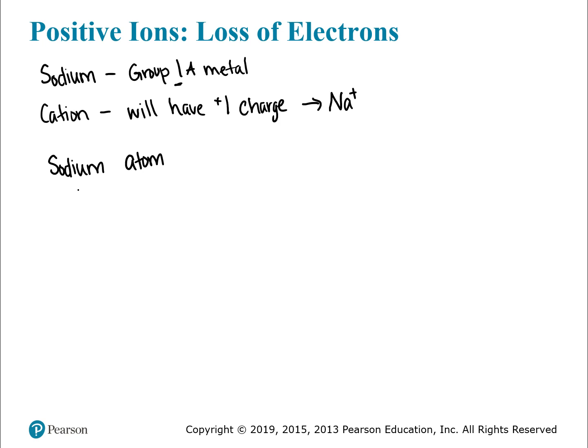When you look at your periodic table, you're going to use neon, okay? Neon as your noble gas core. Then the only thing left is that valence electron in the 3s.